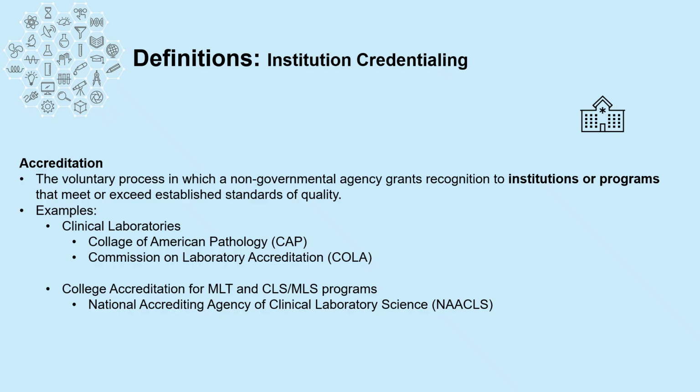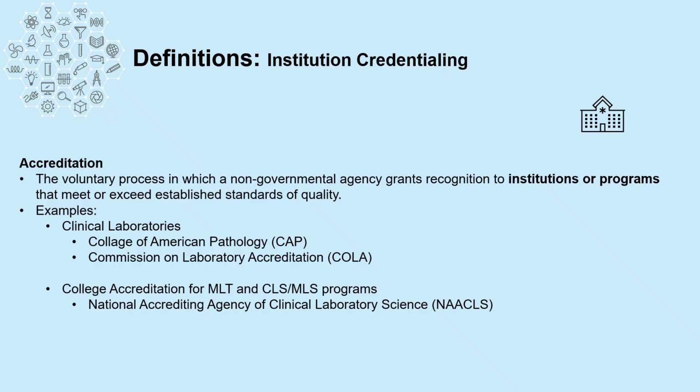If you're in a larger hospital, a more robust type laboratory, they probably want to go through an accreditation agency like the College of American Pathology. That's going to be the most common in bigger hospitals, like a hospital again, or something like CPL, a big reference lab, or ARUP. They're going to use the College of American Pathology to accredit their laboratory.